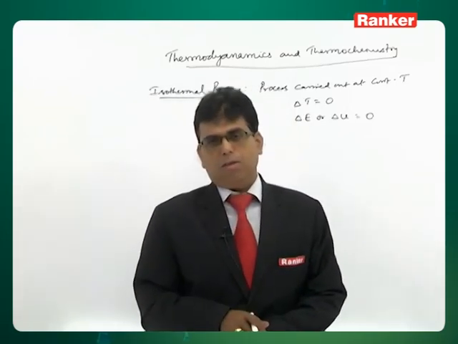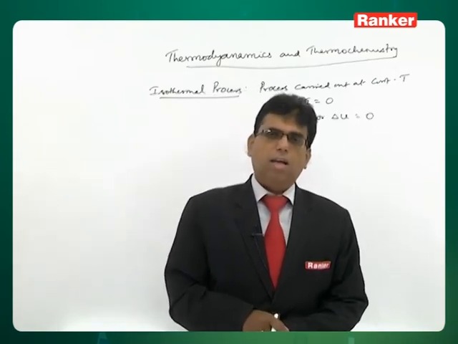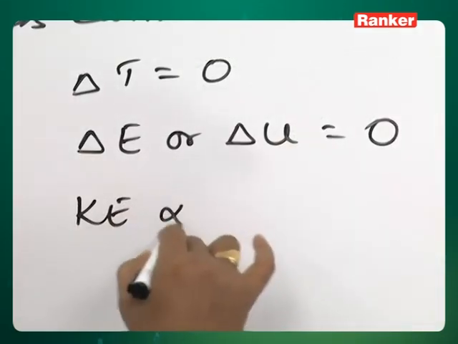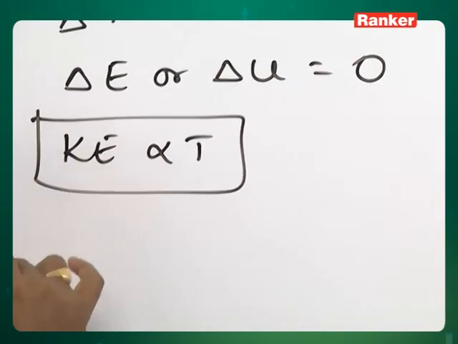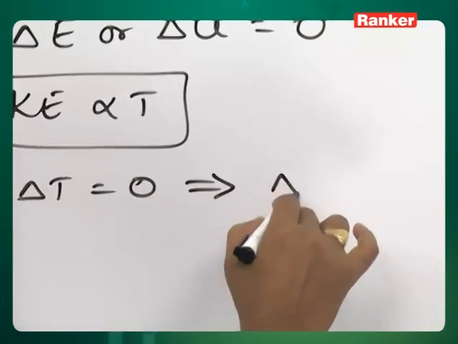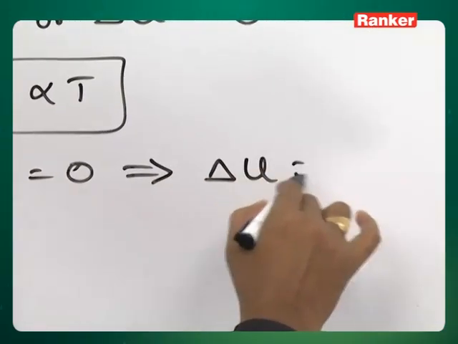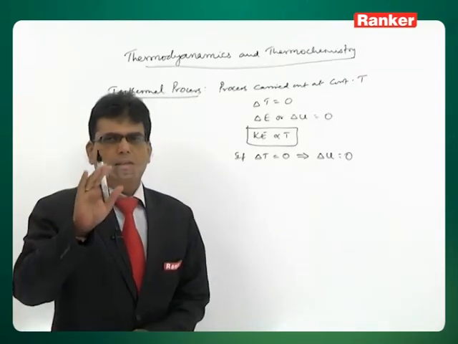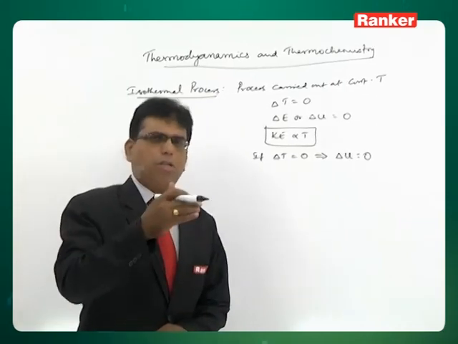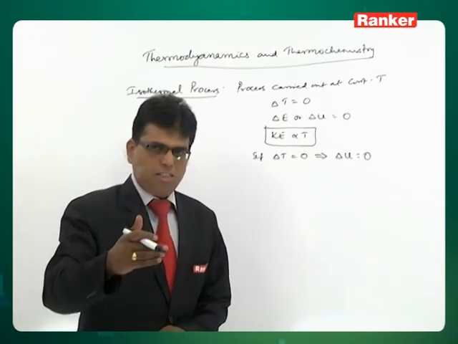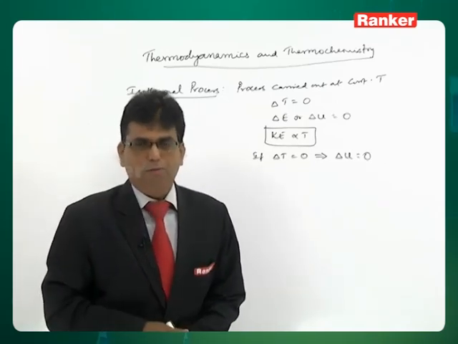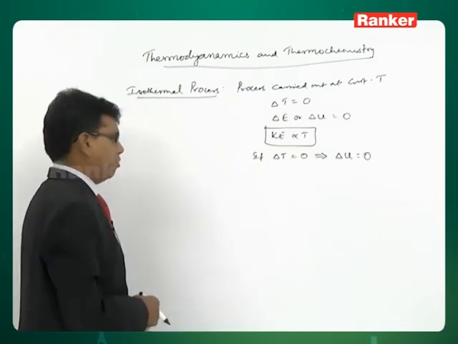As we know very well, kinetic energy is proportional to T, so if delta T is equal to 0, it implies delta E or delta U is also 0. As long as there is no change in temperature, there is no change in kinetic energy, and so no change in the internal energy of the system. That is the isothermal process.